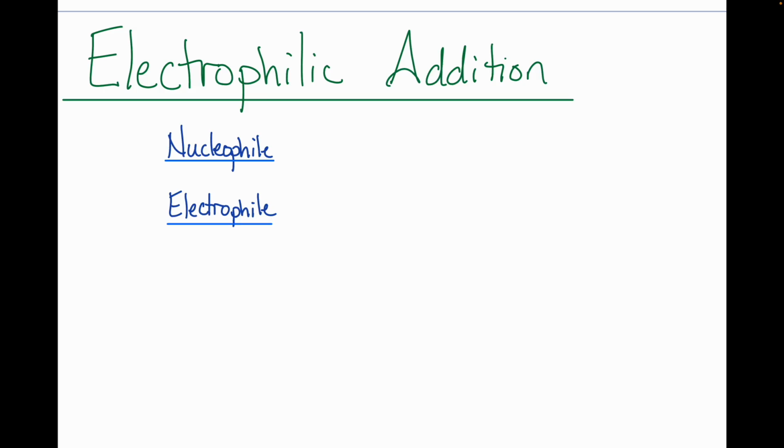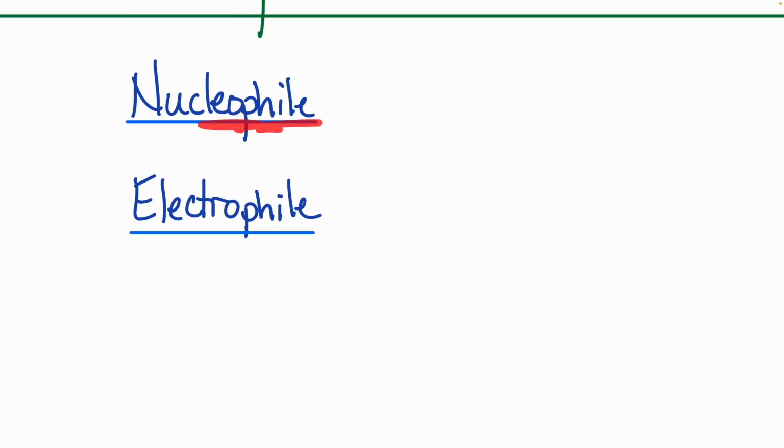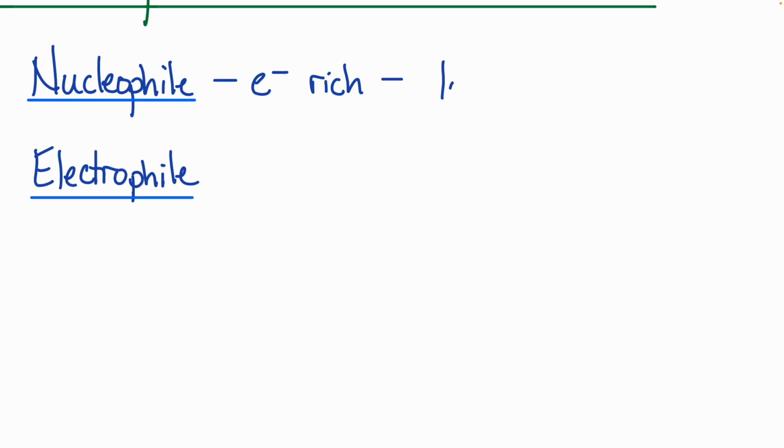A lot of our reactions in organic chemistry occur because one species has a lot of electrons and it's going to react with something that doesn't have a lot of electrons. Our nucleophile, what does that suffix phile mean? Lover. So our nucleophile is the species that is electron rich. And because it's electron rich, it loves those positively charged nuclei.